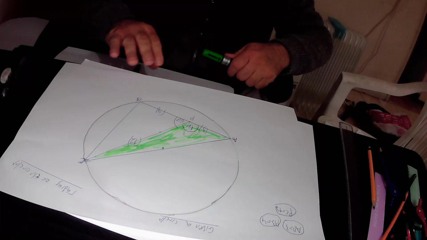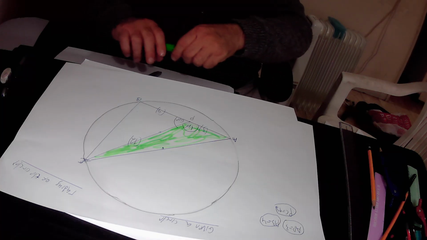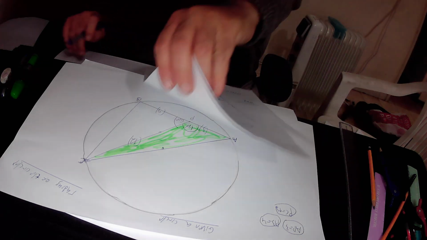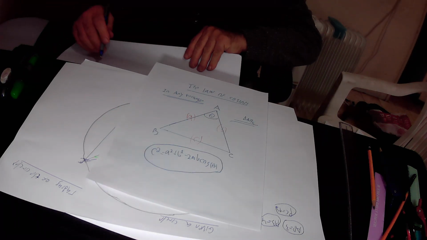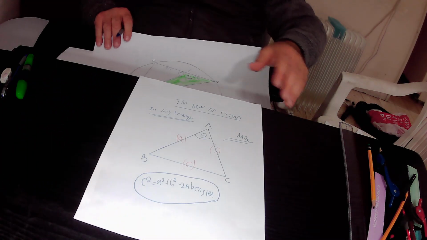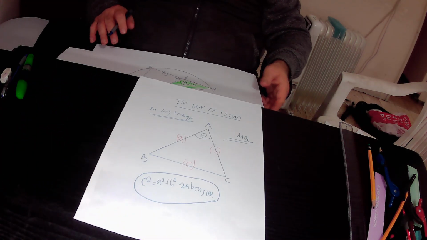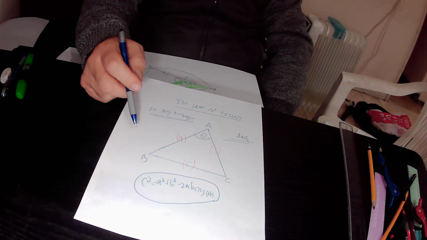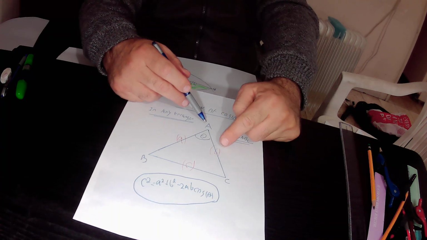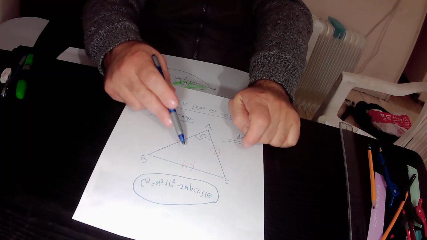So a bit quickly on the law of cosines. The law of cosines is true in any triangle. So this is triangle ABC, that could be any triangle. Side AB equals C units in length, side AC equals B units in length, side BC equals A units in length.